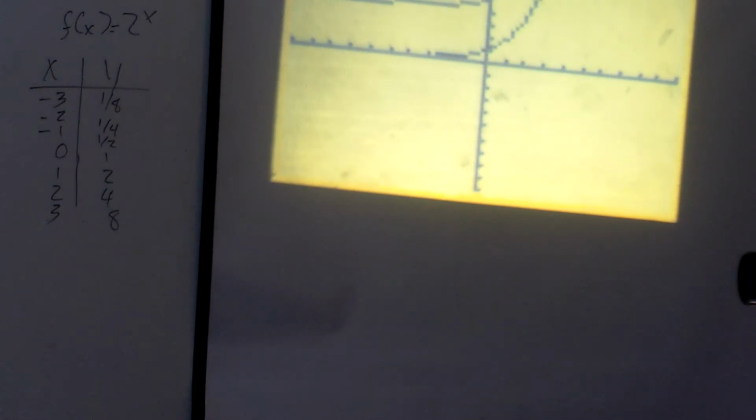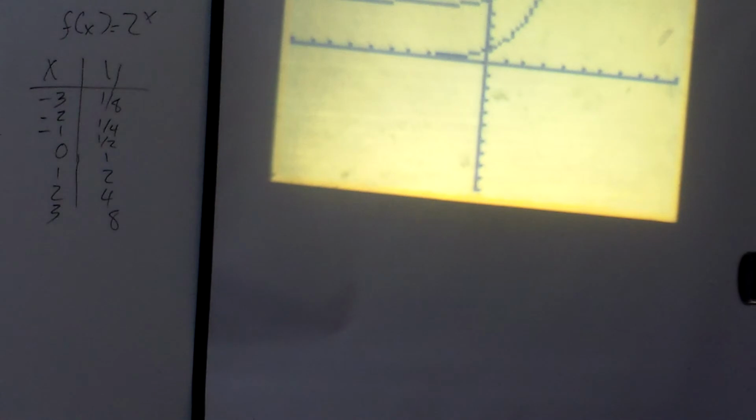And we've been using -3, but with exponential equations, maybe we want to get a lot smaller. So instead of just -3, let's look at what happens at 0. What happens at -10? What happens at -100? And what happens at -1000?